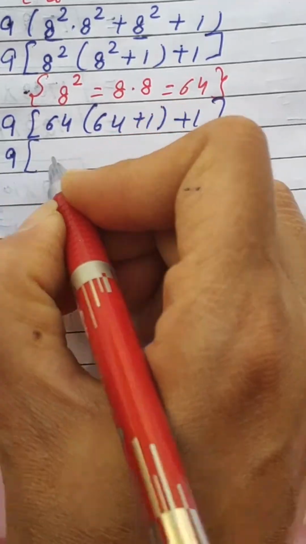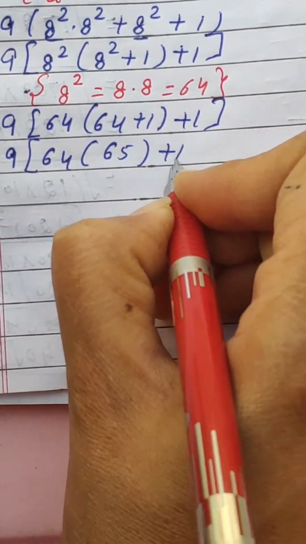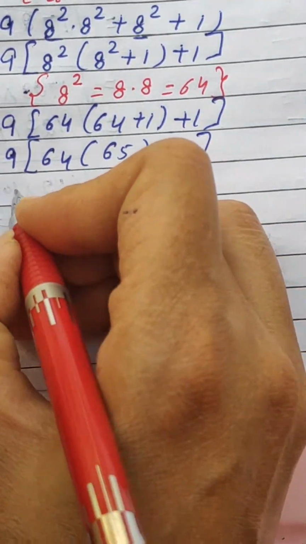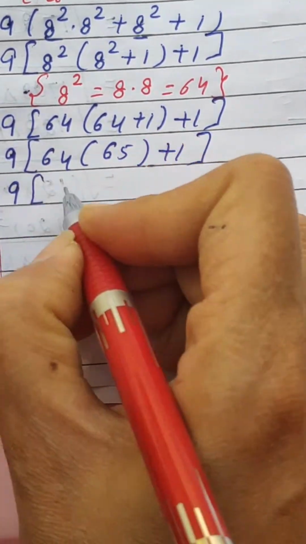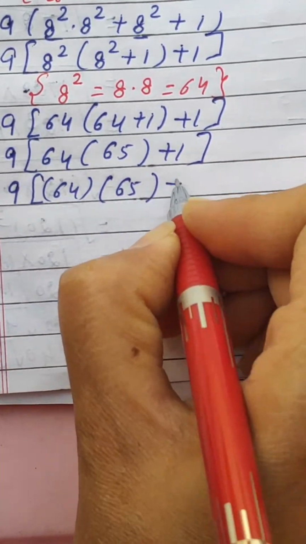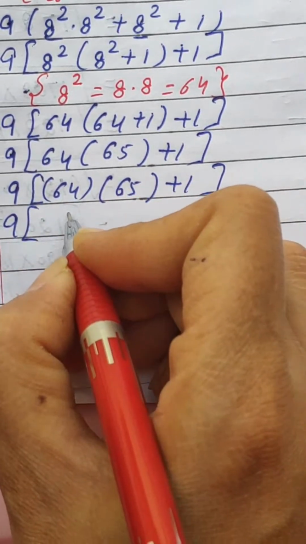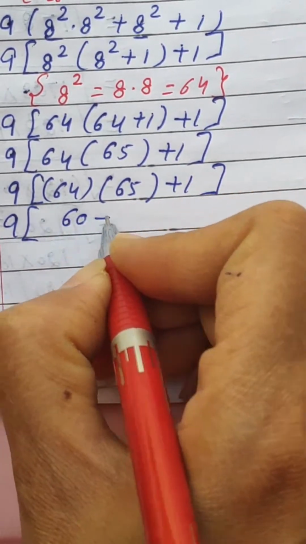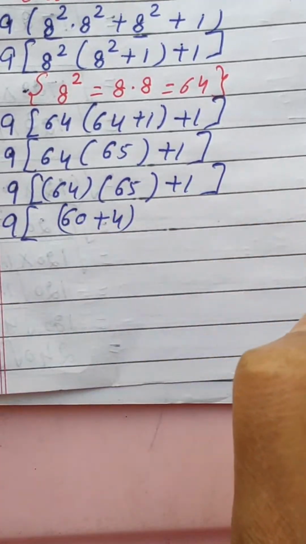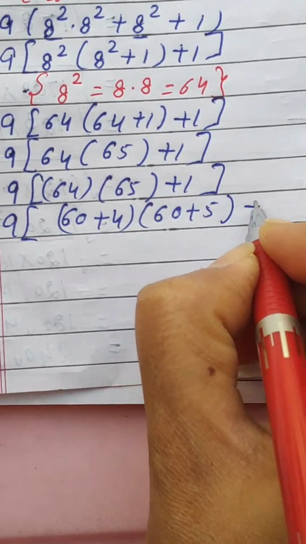So 9 times 64 into 65 plus 1. So we can write 60 plus 4 and here 60 plus 5 and plus 1.